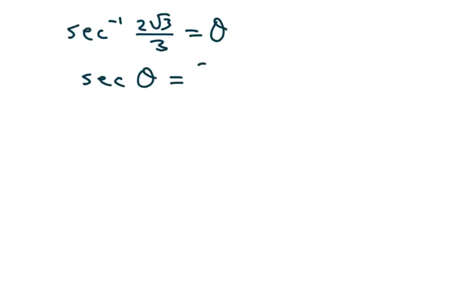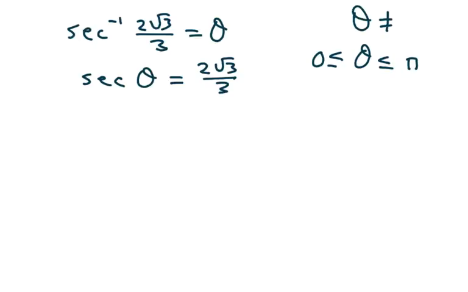Okay, and I think we have one more. We have inverse secant of 2 square root of 3 over 3. We're going to set this to theta. And so we have secant of theta equals 2 square root of 3 over 3, whereby my angle is between 0 and pi, while at the same time my angle cannot equal pi over 2 because it's undefined there.